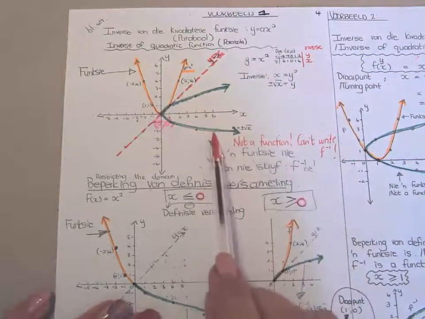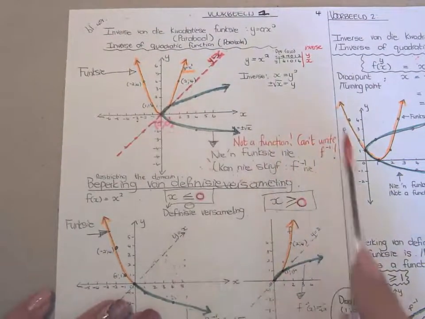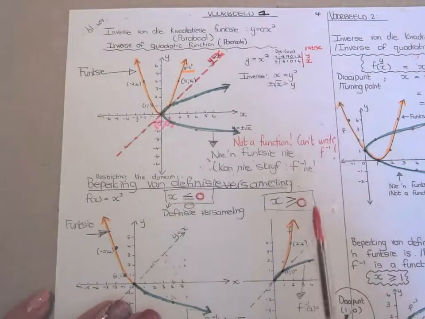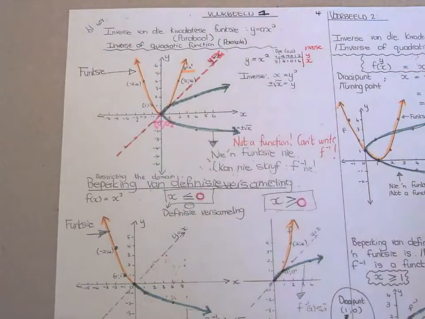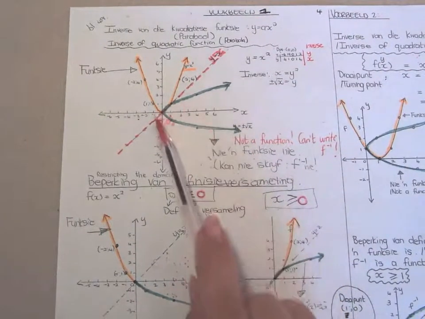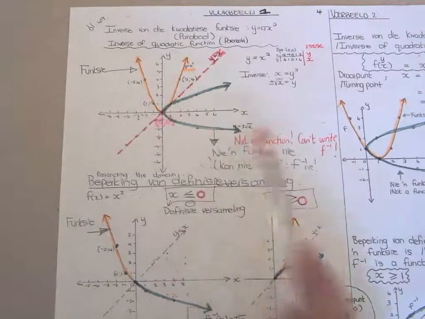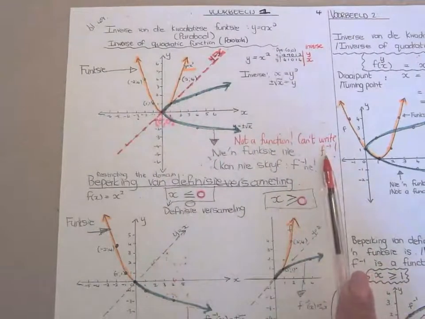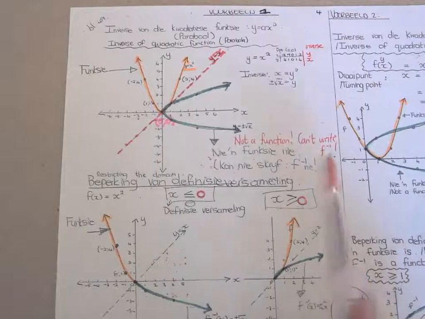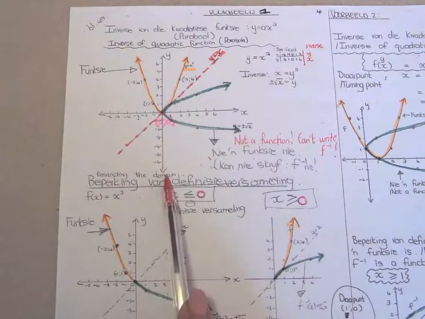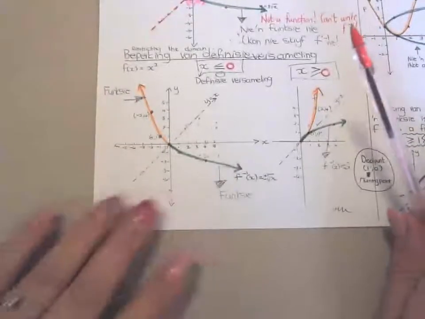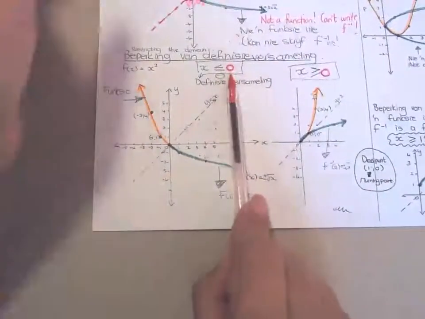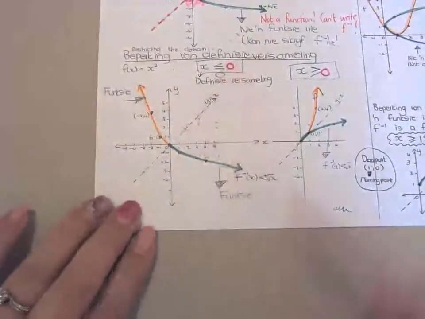We notice that this is not a function, and therefore we can't write f to the power of minus 1. So we restrict the domain, and we use the x value of our turning point.